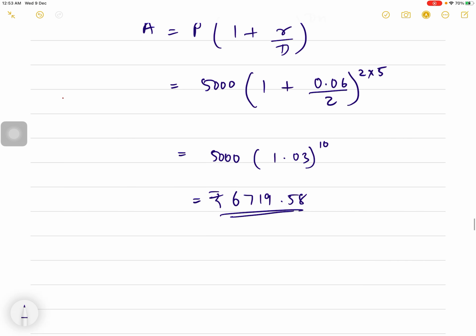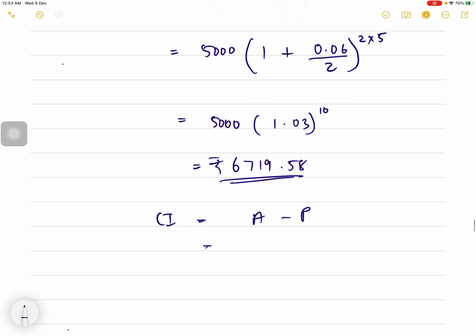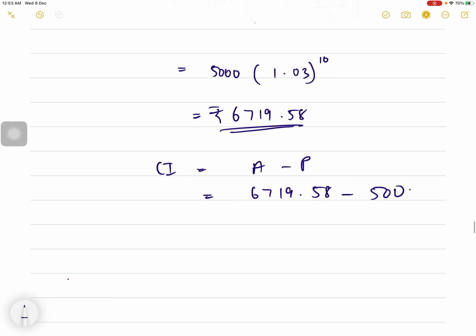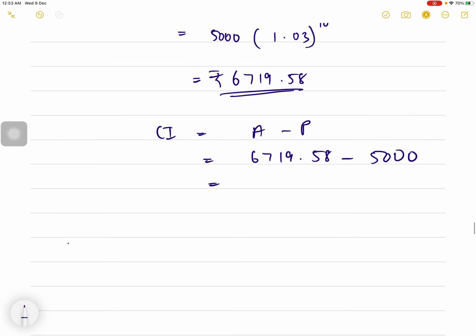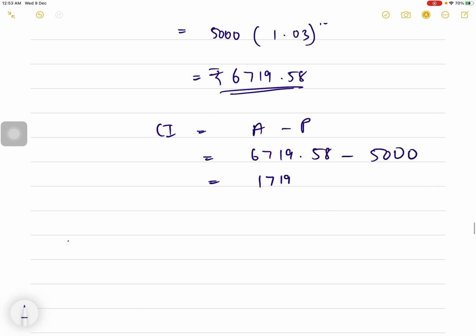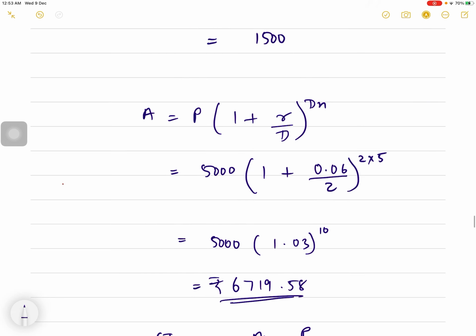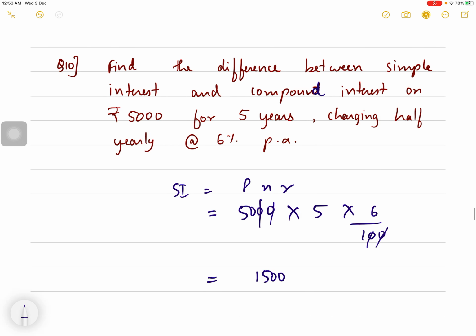This is the amount, but you don't want amount, you want compound interest. Compound interest is equal to amount minus principal. 6,719.58 minus 5,000, which is 1,719.58.